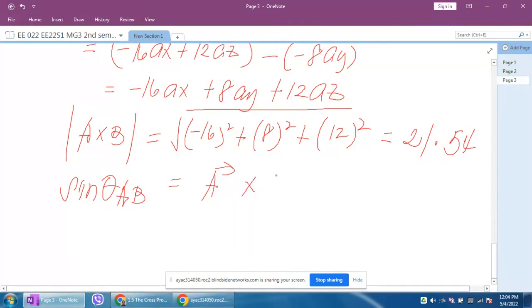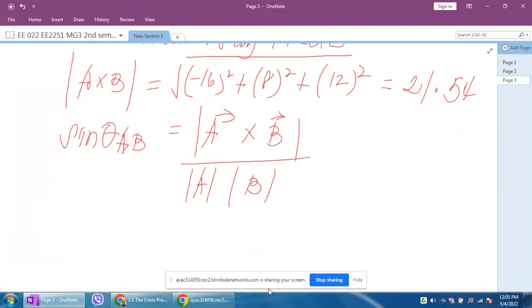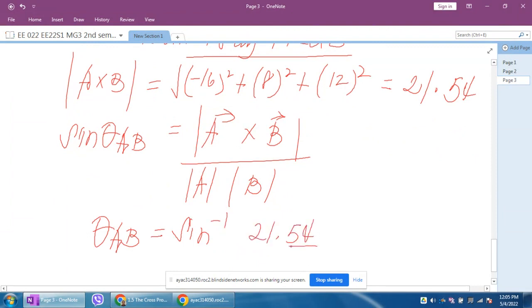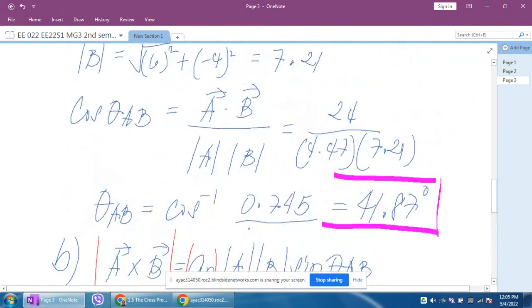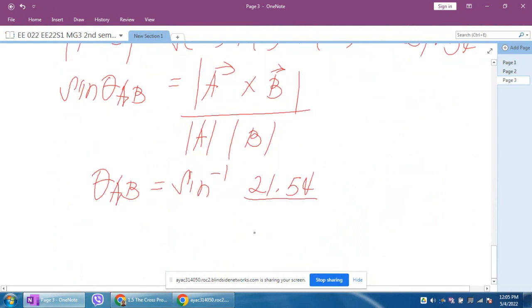A cross B, magnitude lang, no? Magnitude of A, magnitude of B. Ayan. Para makuha po natin yung angle. So, theta AB is equal to inverse sine of 21.54 over, kinuha na natin yung magnitude nito sa dot product. So, gagamitin na lang po natin yun.